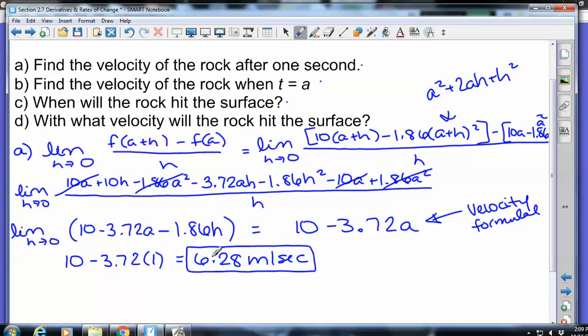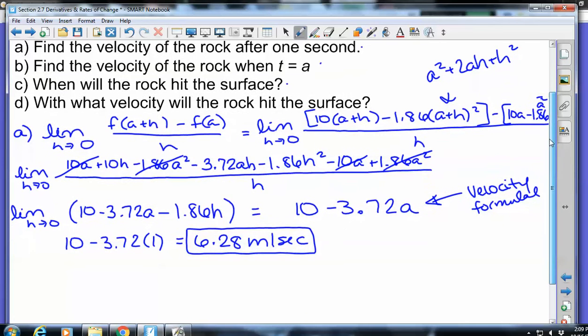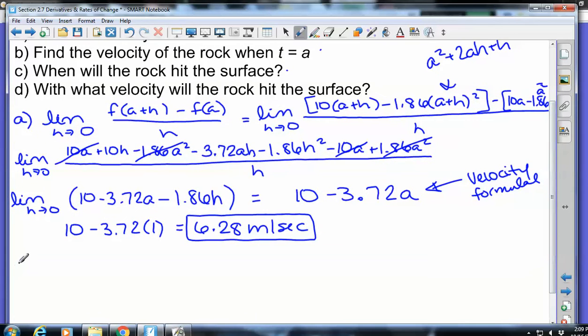Questions there? So a lot of algebra in those steps, lots of multiplying, keeping track of your negatives.